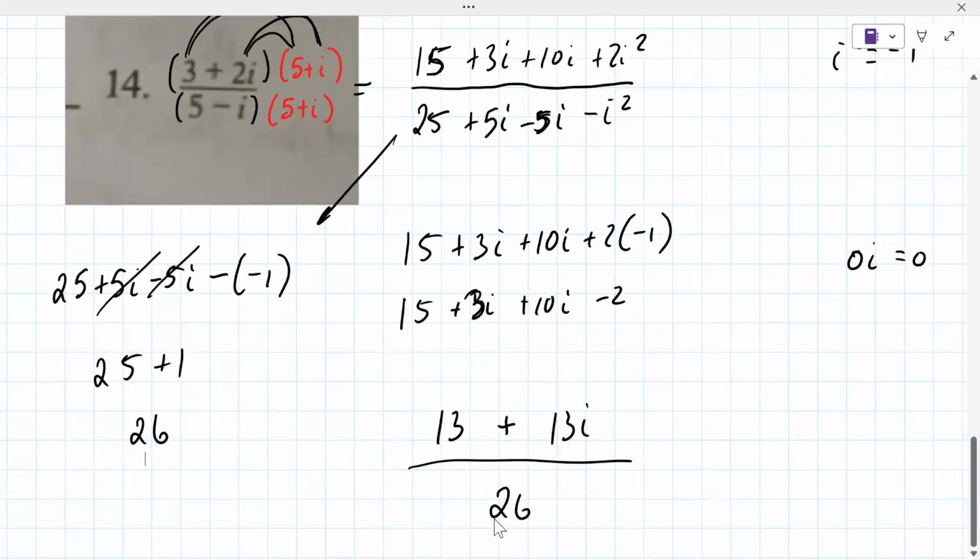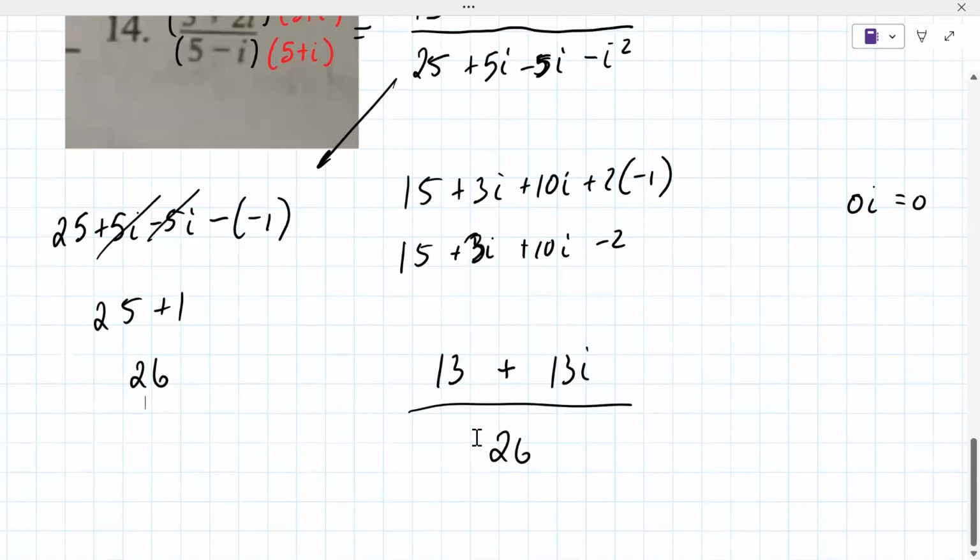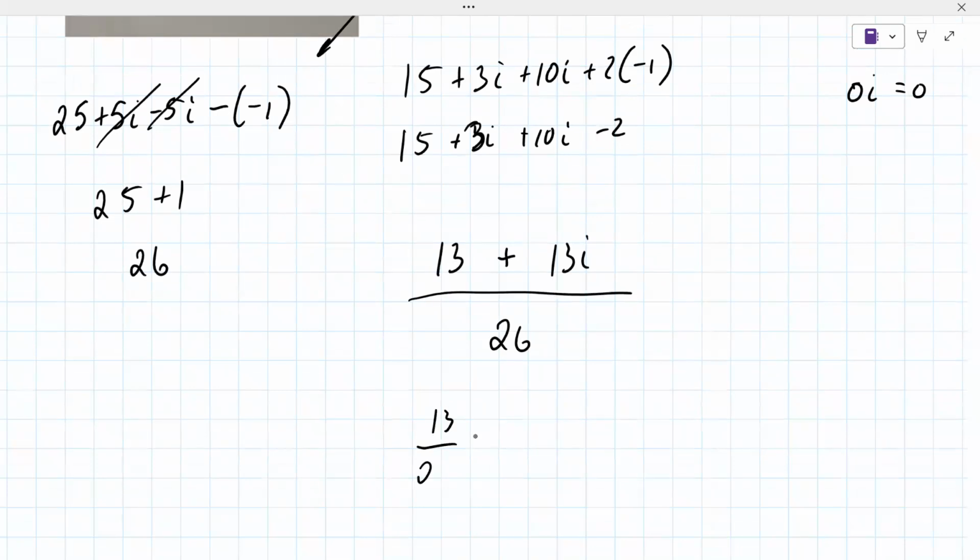Okay, so now you divide each of these by 26. What does that reduce to?